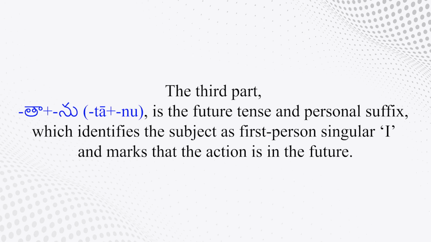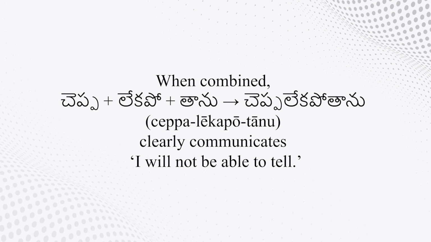The third part tanu is the future tense and personal suffix which identifies the subject as first person singular I and makes the action future. When combined, cheppa plus lekapo plus tanu become cheppalekapotanu, which clearly communicates I will not be able to tell.